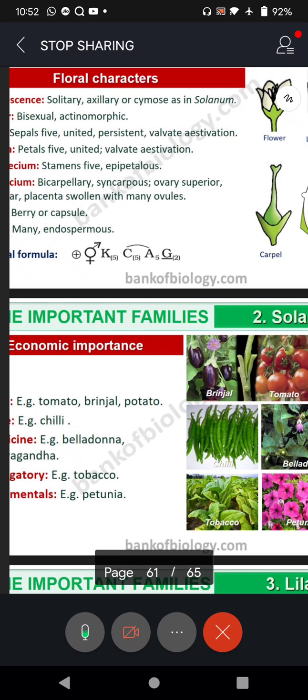And then A for androecium, the male reproductive part. How many are there? 5. And where are they present? They are attached to petals. So we are putting an arrow mark, A versus C. We are putting a bridge connecting A with C. So that bridge indicates that androecium is attached to corolla.